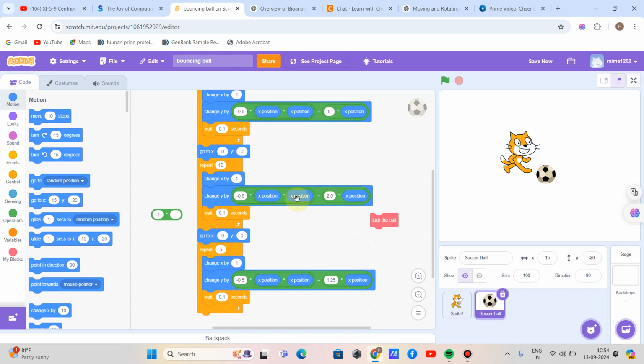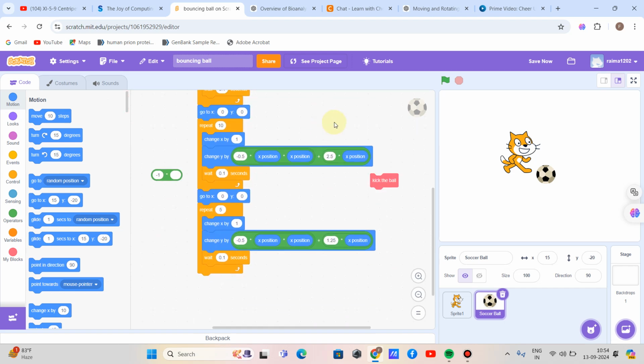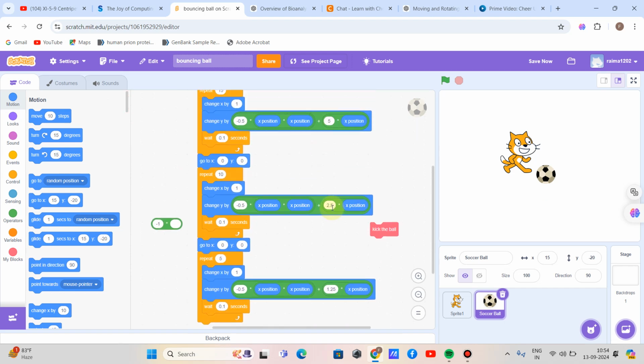So again I made fewer repetitions and changed this equation's linear coefficient to half. Earlier it was 5, now half of 5, which is 2.5, so that the maximum height is lower than the previous one. So again the code runs the same way.